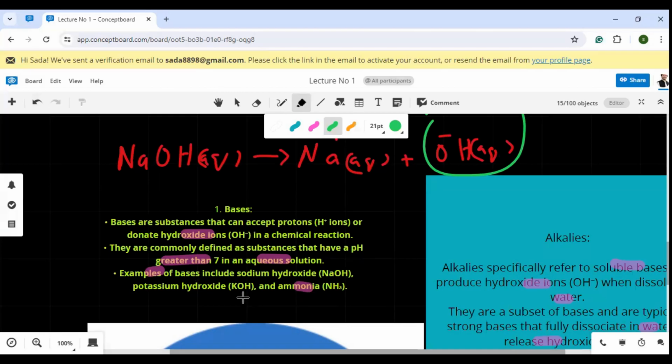Examples of bases include sodium hydroxide, potassium hydroxide, ammonia, calcium oxide, magnesium hydroxide, and many others.